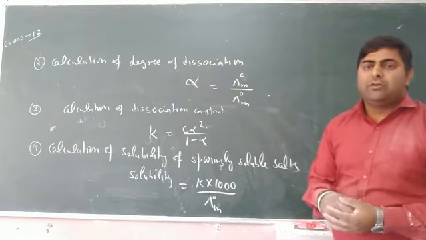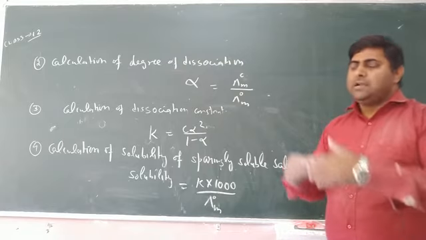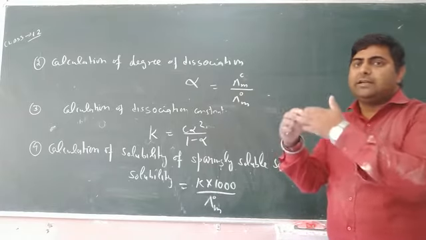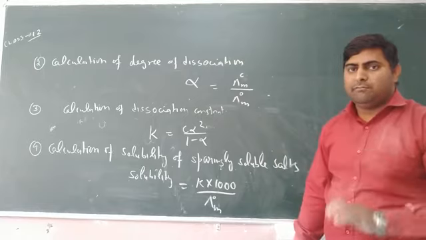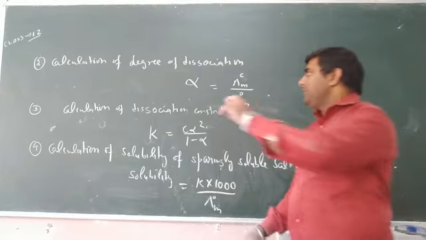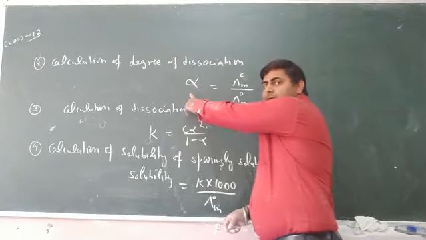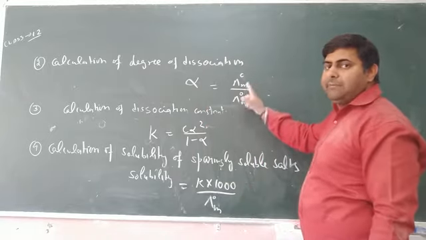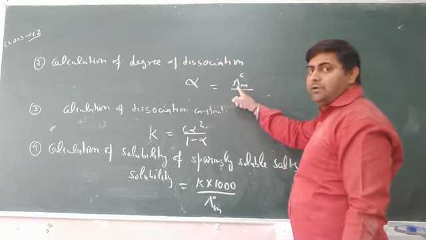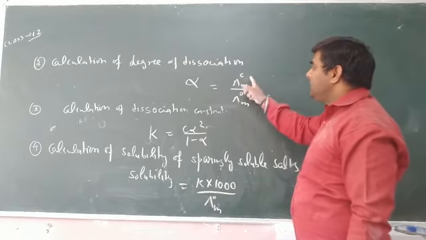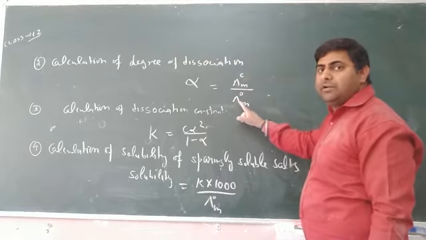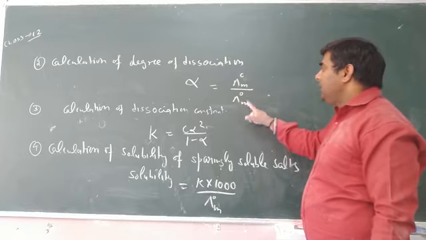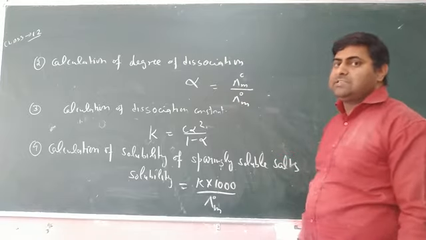Degree of dissociation is simply defined as the number of particles dissociated divided by the total number of particles given. Here, degree of dissociation alpha is equal to lambda mc divided by lambda m0, that is, the molar conductivity of the electrolyte at a given concentration to the molar conductivity at zero concentration.